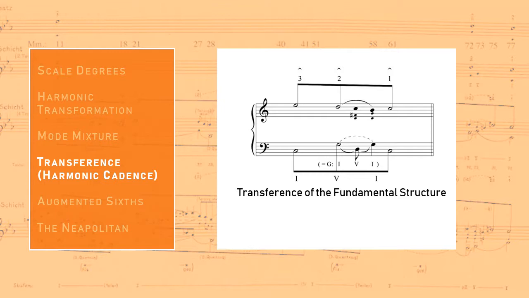Notice two things about this transference. First, this harmonic progression takes place at the middle ground level compared to the background level of the fundamental structure. In general, transferences can happen at different levels, including the foreground and various stages of middle ground. Second, the fundamental structure has been transferred to a different scale degree.